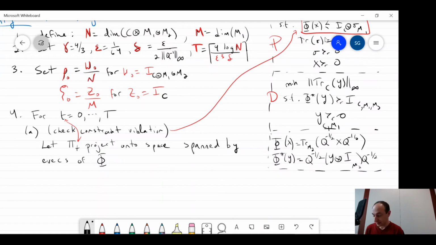Phi of x, sorry, let me be very careful, because in the original SDP my variable was x, but here in my algorithm I'm using rho. The reason is that when the algorithm concludes, I'm not actually going to use the final rho. I'm going to take that and fudge it just a little bit to get the proper x I want. So that's why you see different labels for variables, heads up, okay?